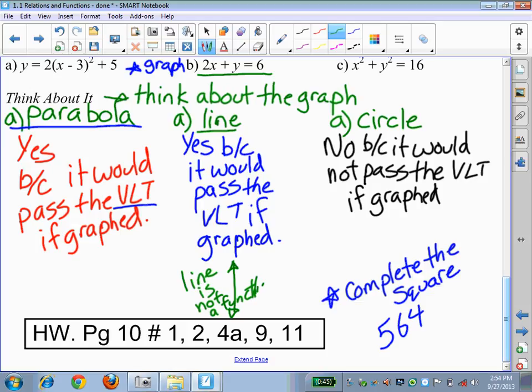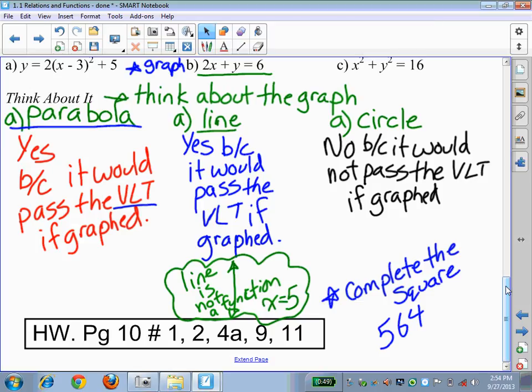Okay? How can you tell, ladies and gentlemen, what the equation looks like? How can you tell if you've got a vertical line? It will say x equals 5, for example, or x equals -2. So the only exception for a line to not be a function is if it's a vertical line, because it will not pass the vertical line test. All other lines will pass the vertical line test.